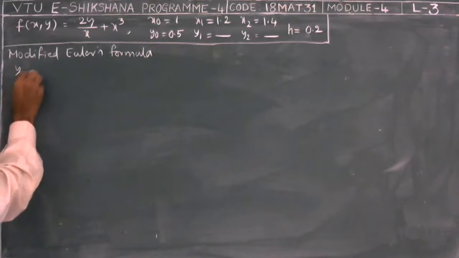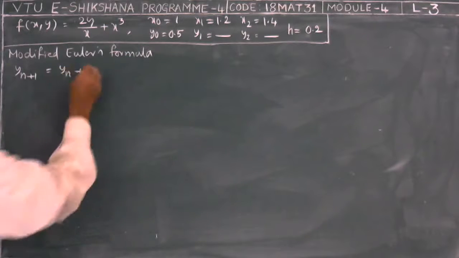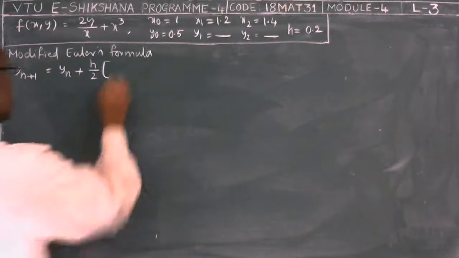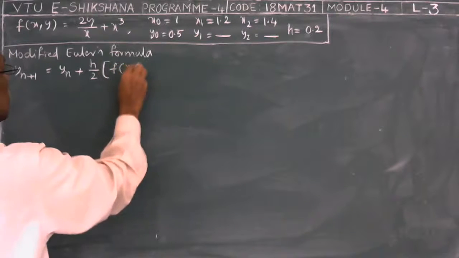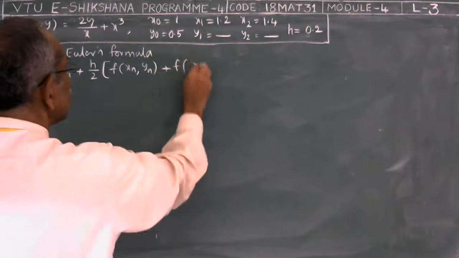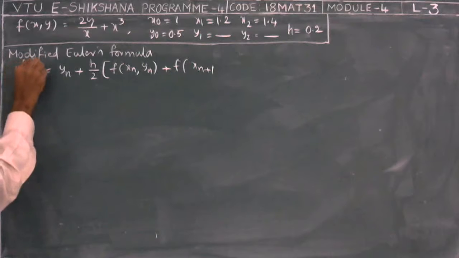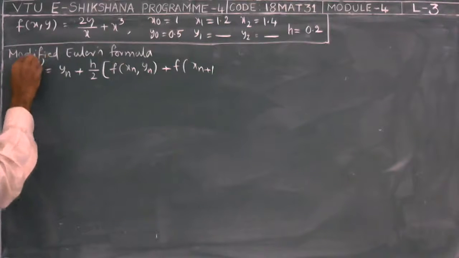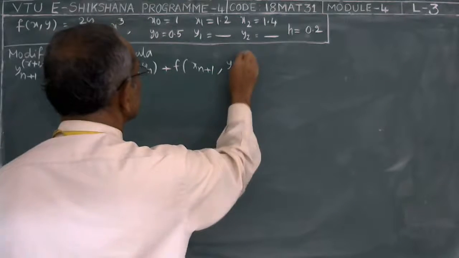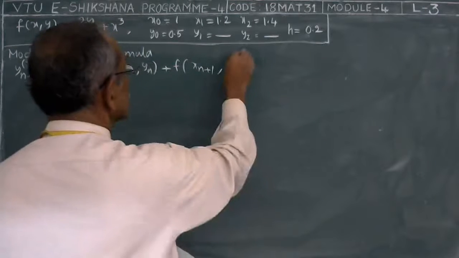In general, yn plus 1 is equal to yn plus h divided by 2 into f of xn comma yn plus f of xn plus 1 comma yn plus 1 r.